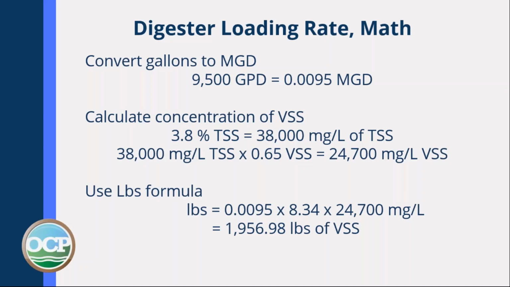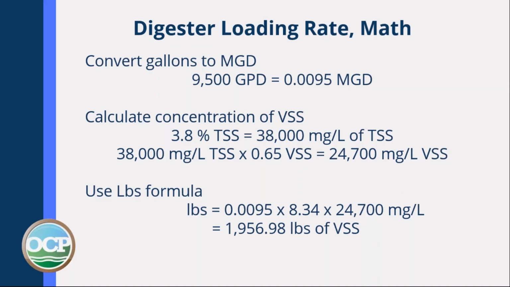It's typically down with the pounds formula down in that area. So since 1% equals 10,000 parts per million, take your 3.8 times 10,000, and 3.8% TSS becomes 38,000 milligrams per liter of TSS.